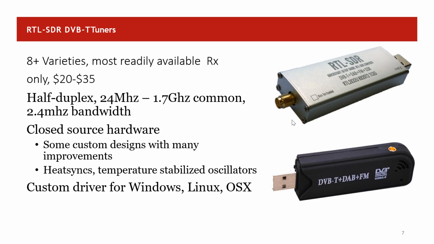They all use the RTL chipset inside, and you can easily get it and start using it. The functionality of both devices will be the same. The only thing we need to take care of is the drivers: we need to put in custom drivers to support the frequency tuning, so we can listen to the entire spectrum.